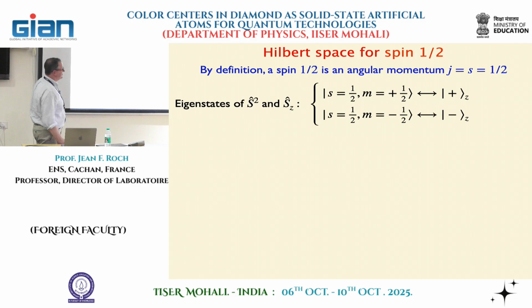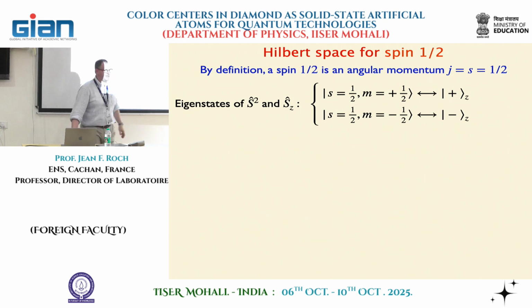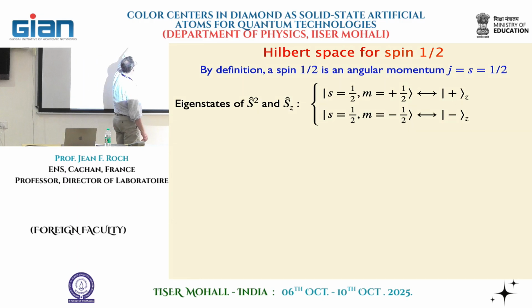So I can now use all that I know from my general theory of angular momentum and apply it to this very specific, very simple case of an angular momentum value equal to 1/2. And this I will not call J, but S. OK? So I change my notation a little bit. I have eigenstates of S squared and Sz, which are defined by S equal 1/2 and M equal minus or plus 1/2.